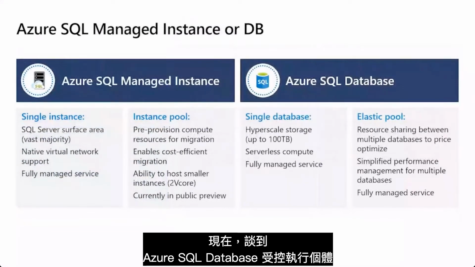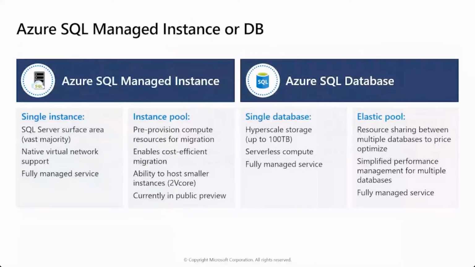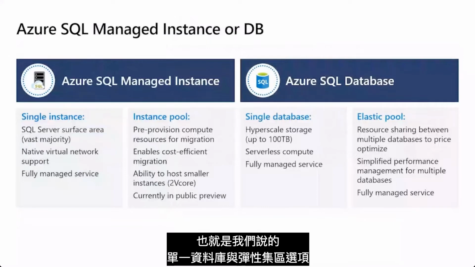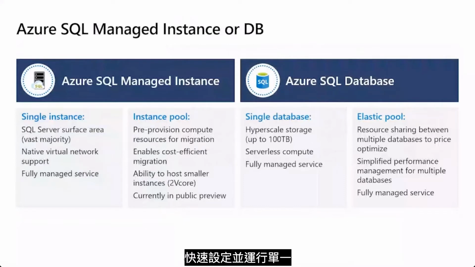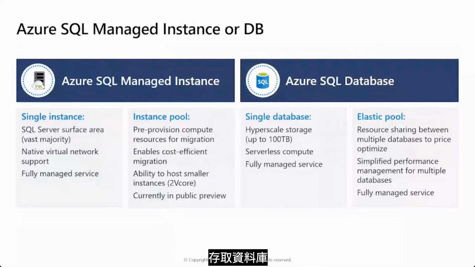Now, when it comes to both Azure SQL Database Managed Instances and Azure SQL Database, typically there are two options. There's what's called the single and the pool option. So a single database or a single instance option allows you to quickly set up and run a single SQL database server, and you can create and run a database server in Azure and access your database through the server.